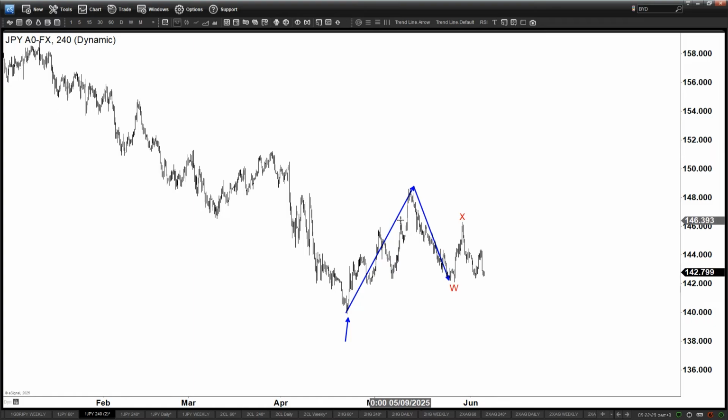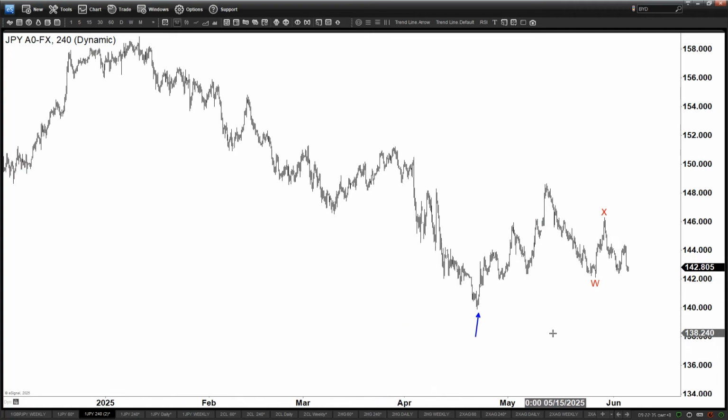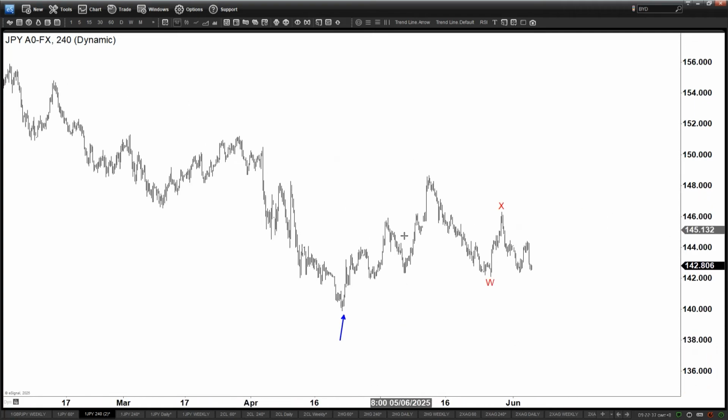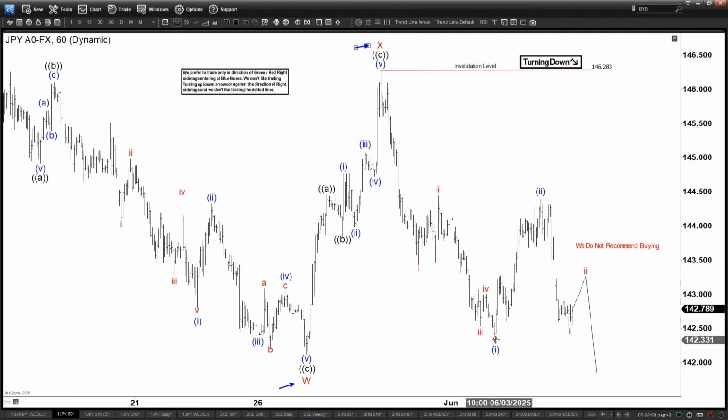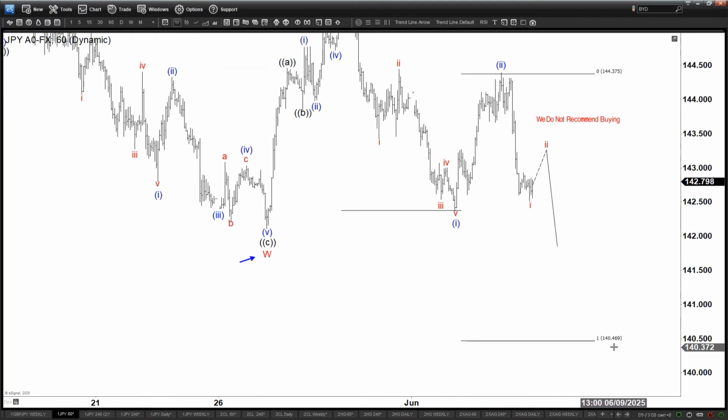Now if we take a look at this structure here, our primary view is calling for more downside. At the least, guys, you got this low and this low. If we can break this W low, I think even just breaking below here is enough. If we break below this low here, which is not really that far away, that will create a short-term bearish sequence, lower low, right? That will open up 100% extension if we can break below the low, which it looks like because this one looks impulsive. Then targeting 140.